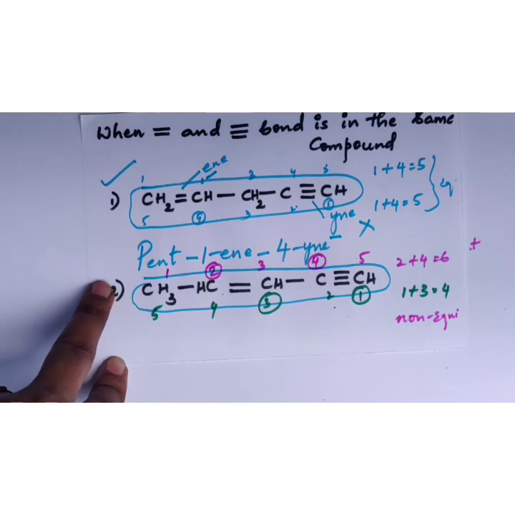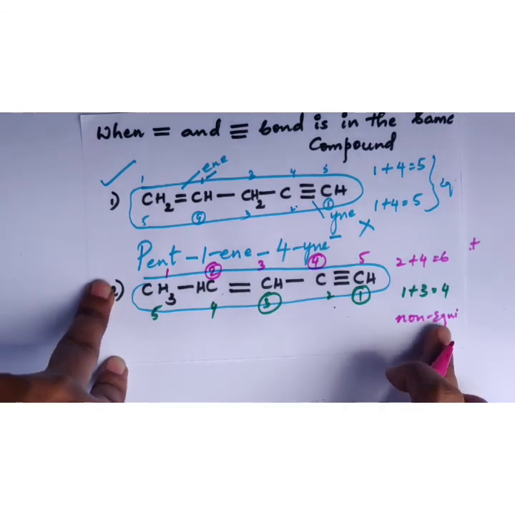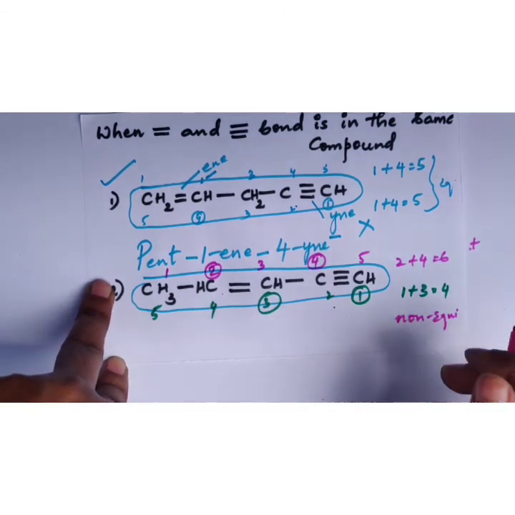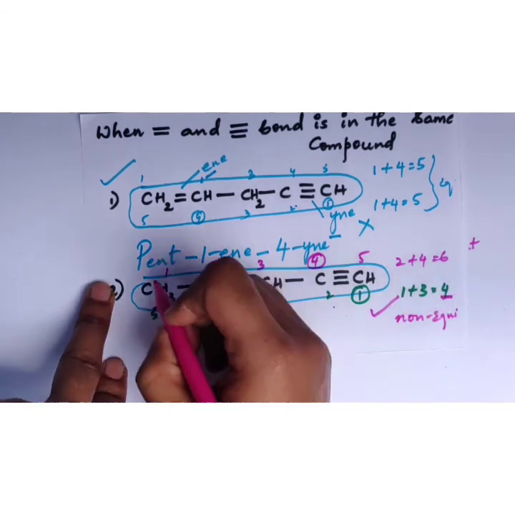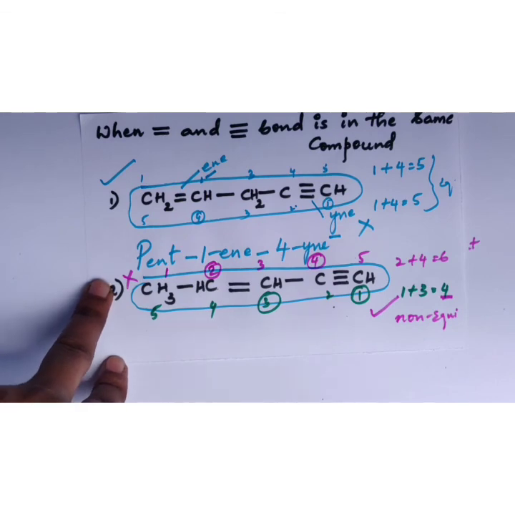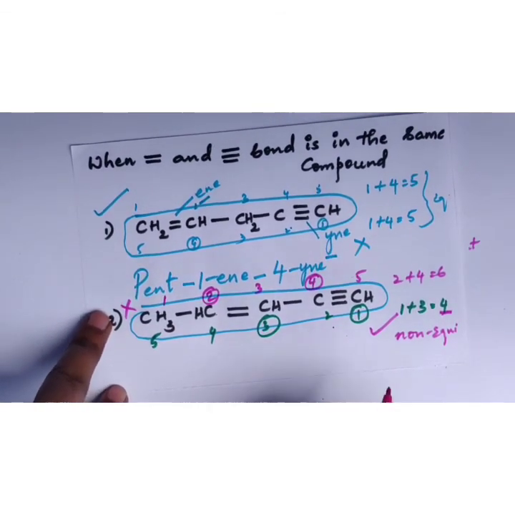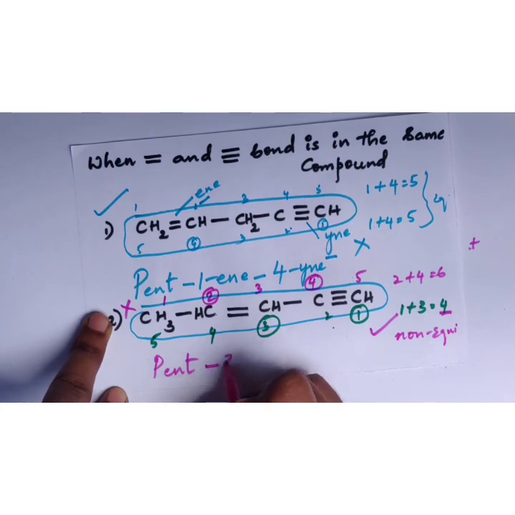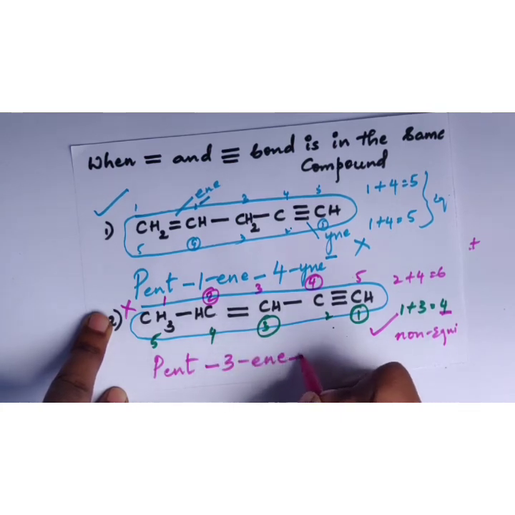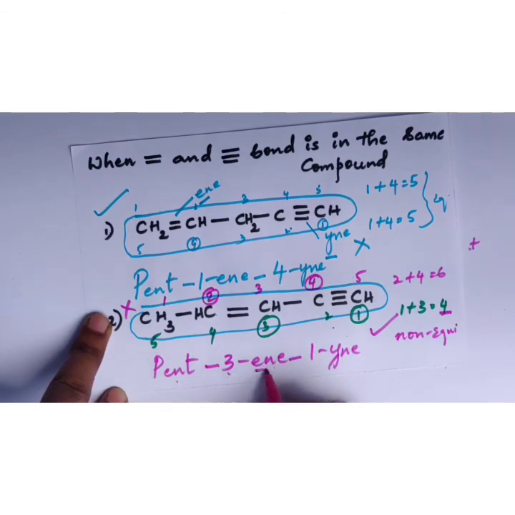When it is non-equivalent, I told you follow the lowest sum rule. Whichever the total is low, from that side you number it. That means we are going to number it from this side, not from this side. But the naming will be according to the alphabetical order. That means it is pent-3-en-1-yne, with ene first in alphabetical order: pent-1-en-3-yne.